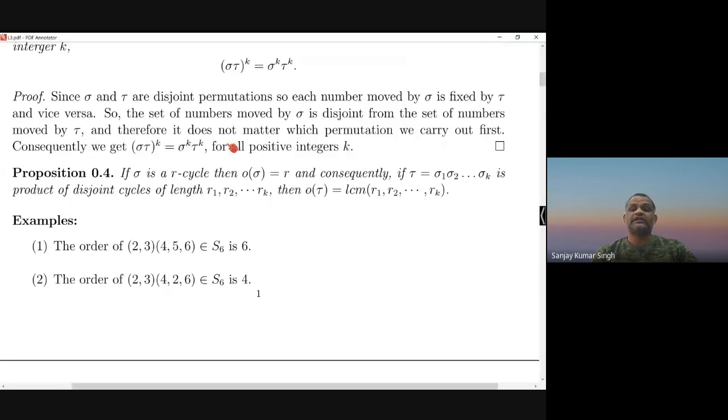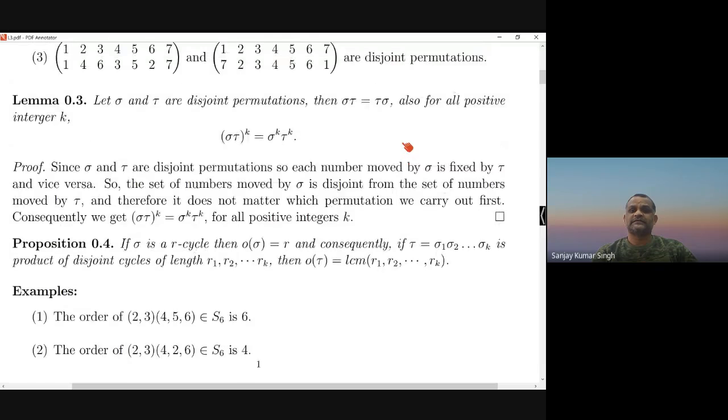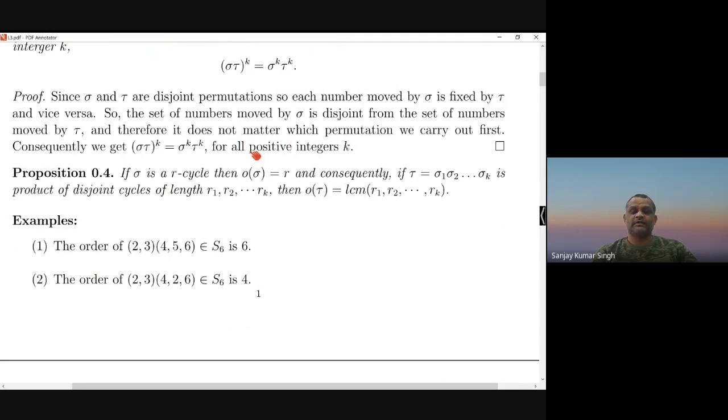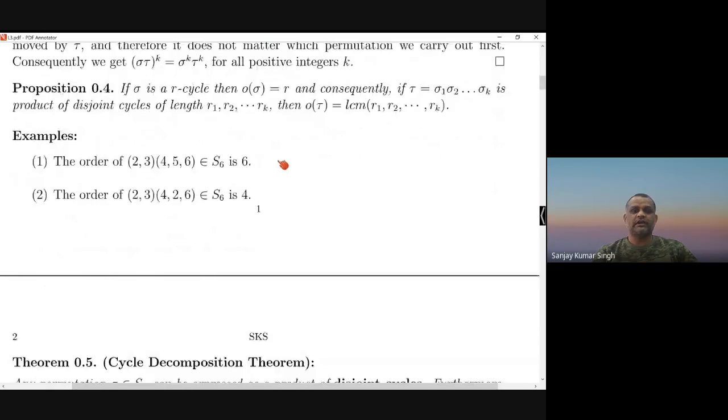Therefore, it doesn't matter which permutation we carry out first. And thus we get the commutativity of sigma and tau. From here, we can always deduce that this also holds. To check that, it is better to see it in an example. I'm not doing it here, but you can easily check.